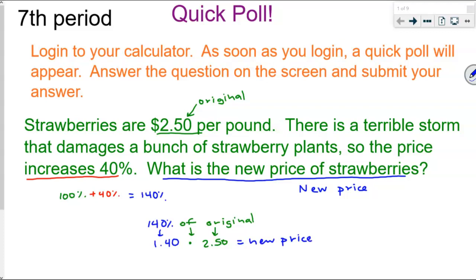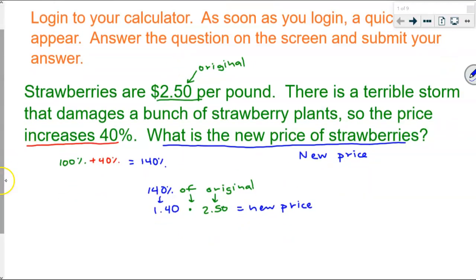So what is that new price? 1.4 times 2.5 is equal to 3.5. Since we need to make it quantitative, 3.5 when we're dealing with dollars means $3.50. When you type it into your calculator, it doesn't allow you to type in the dollar sign, but you could have typed in 3.5 or 3.50.